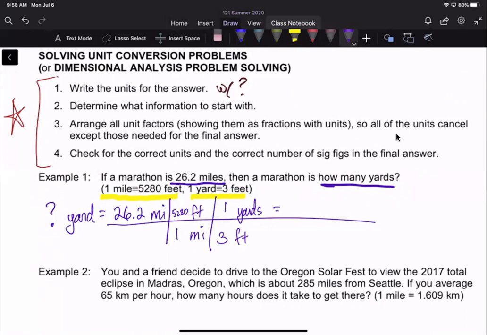So 26.2 times 5280 divided by 3, and I get 46112 yards. Now to identify our significant figures, we look at our initial problem here. It had 3 significant figures. So I'm going to underline the third number from the left. And then that rounded value would be 46100 yards.